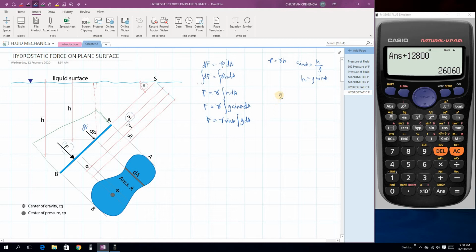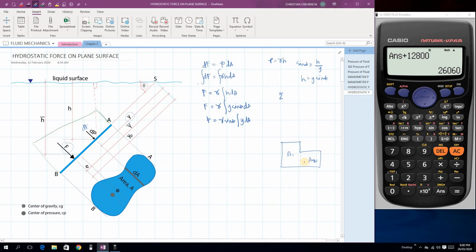So, kung titingnan natin yung y dA, sa pag-compute natin ng centroid of an area, let's say ito yung shape natin. Consider natin itong area 1, area 2.